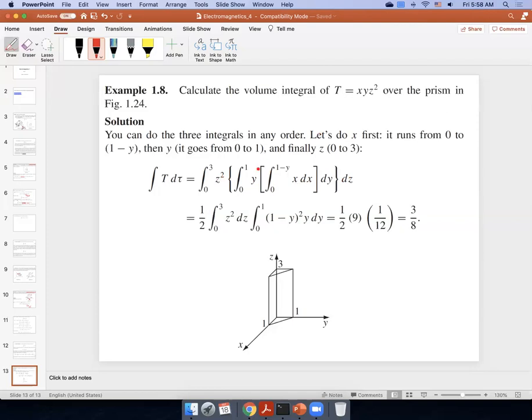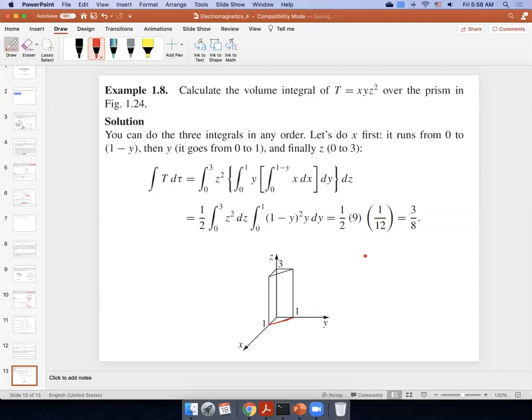So you need to first do the integral inside the square bracket, and then do the integral in the curly bracket, then do the integral outside. One thing you need to be careful about is when you do x dx, the boundary of x is from 0 to 1 subtracted by y because of this line.